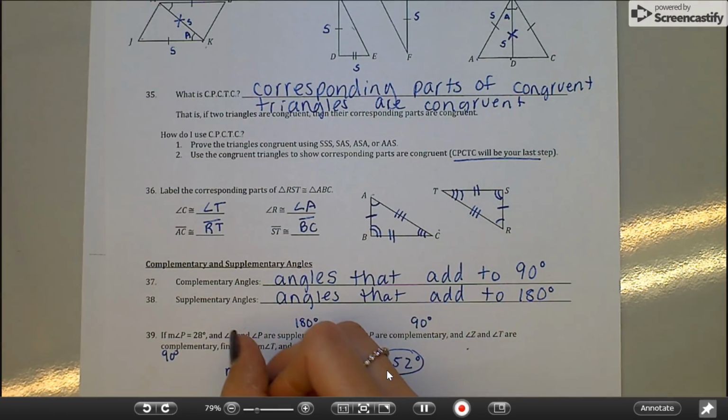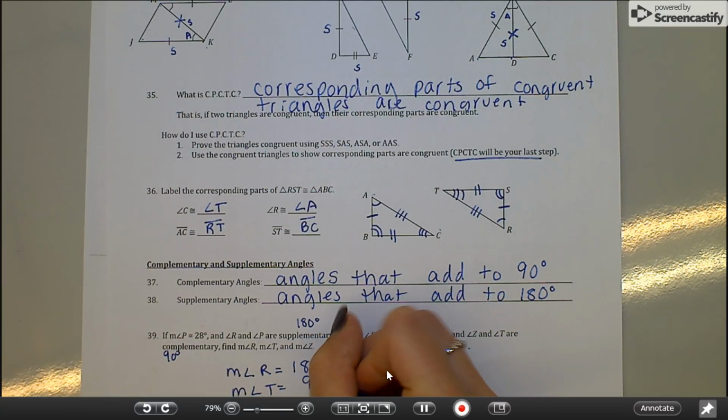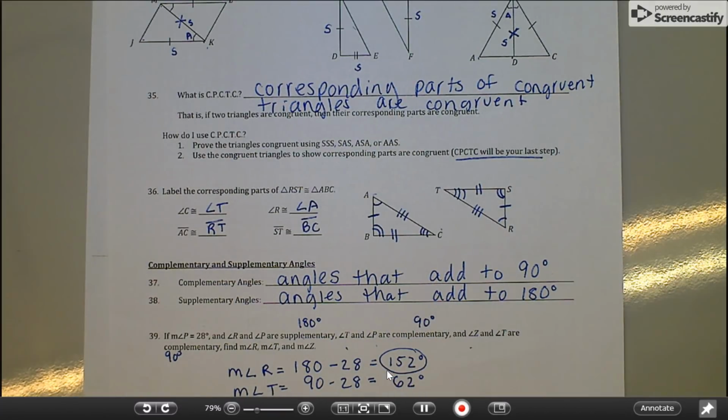Let's find the measure of angle T. Well, T and P are complementary. We know that P is 28, so 90 minus 28 is going to give us 62 degrees. So measure of angle T is 62 degrees. And then Z, it says Z and T are complementary.